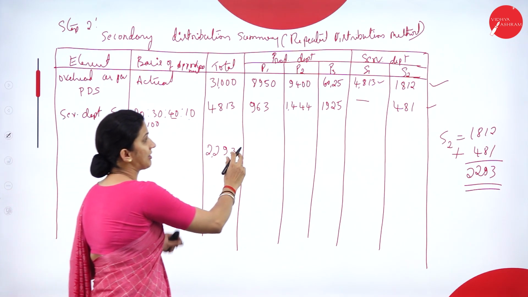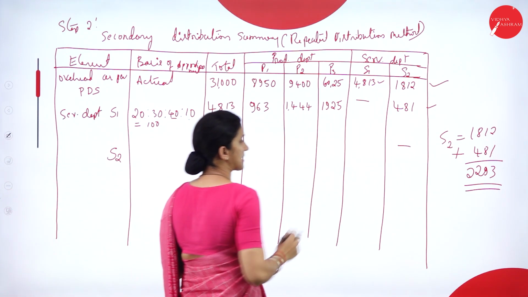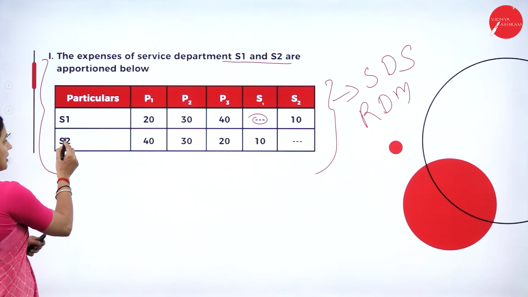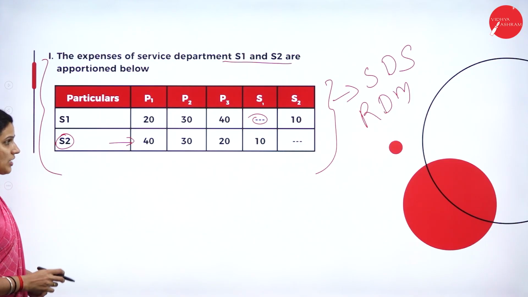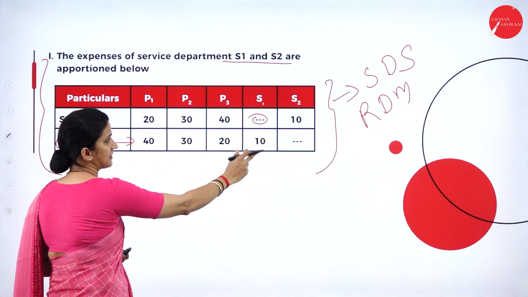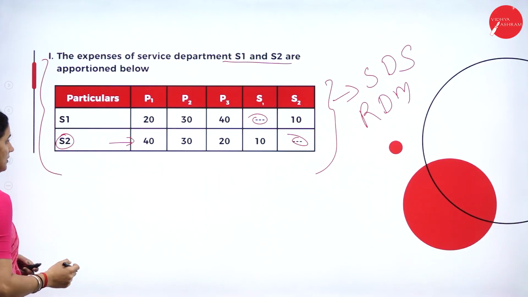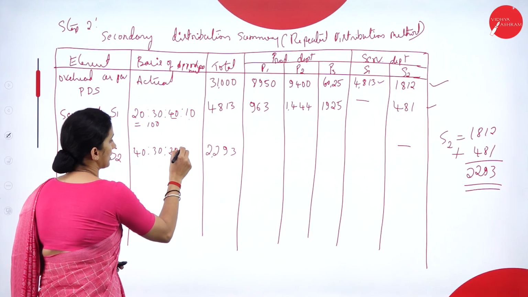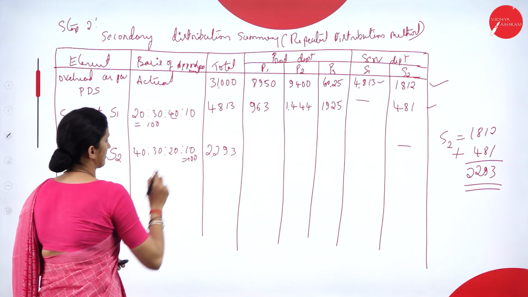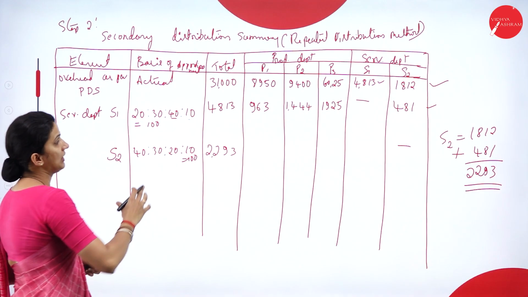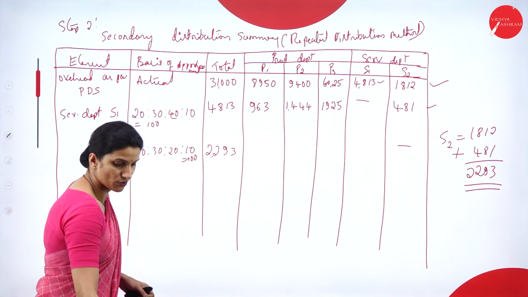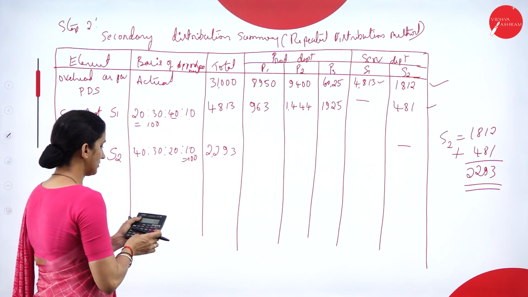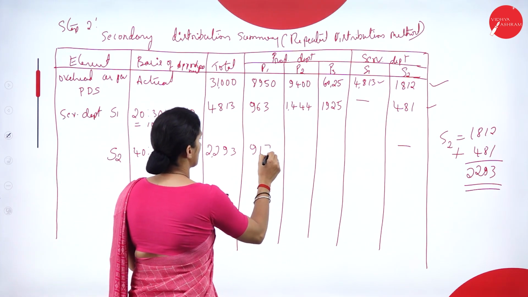This amount we will allocate to all the departments except S2. So what is the ratio for the allocation? Here for S2 we have to take the ratio 40, 30, 20 and 10. For S2 it is nil. So the ratio is 40:30:20:10, and the total is 100. Except for S2, we will allocate to the rest of the departments. So 2,293 into 40 divided by 100 is 917.